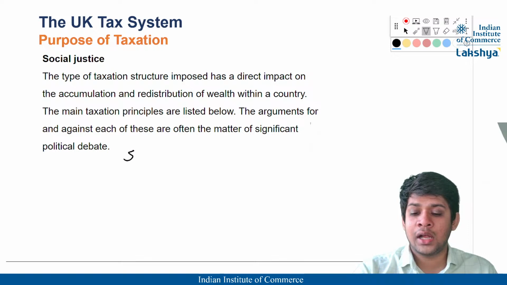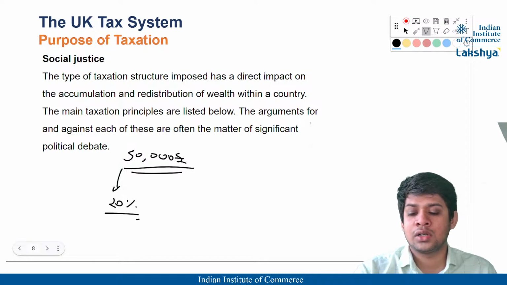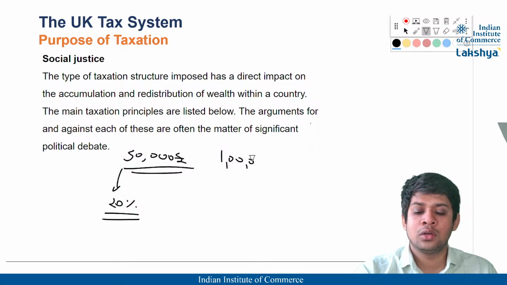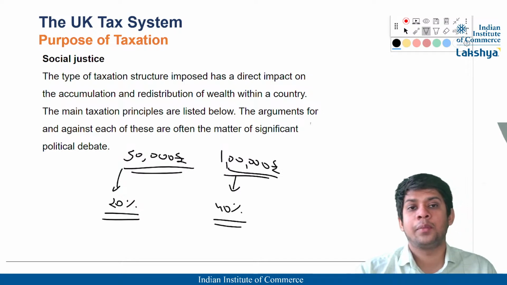Maybe say I'm earning an income of £50,000. So I will be charged 20% tax on it. Okay, just taking random amounts. I will be charged 20% tax. But for an individual who's earning higher than me, that is 1 lakh pounds, for them maybe it is 40% tax. Okay. So this is known as progressive taxation.